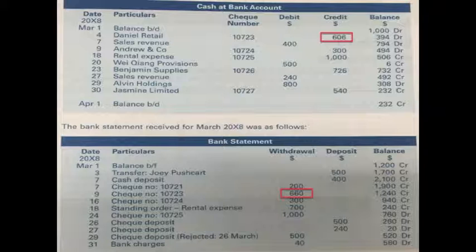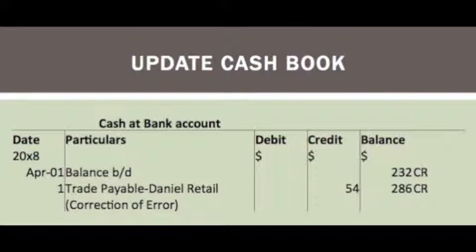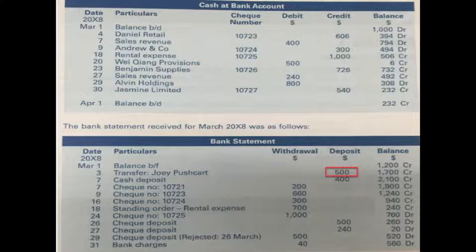So we have to update our cash book with the extra $54 of withdrawal. To capture this, we will credit cash at bank $54, giving us a balance of 286 credit.